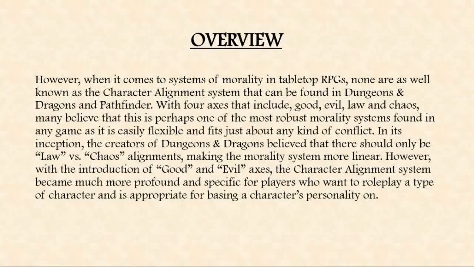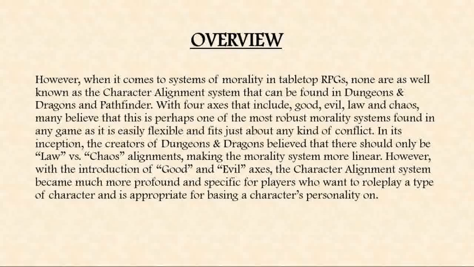However, when it comes to systems of morality in tabletop RPGs, none are as well known as the character alignment system that can be found in Dungeons & Dragons and Pathfinder. With 4 axes that include good, evil, law, and chaos, many believe that this is perhaps one of the most robust morality systems found in any game, as it is easily flexible and fits just about any kind of conflict.